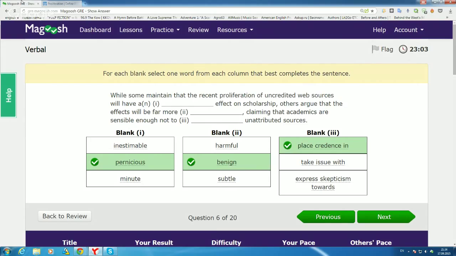I understand it, but I don't know how to explain it. What does it mean to claim something? To claim, to say it, to state, to say, believe.